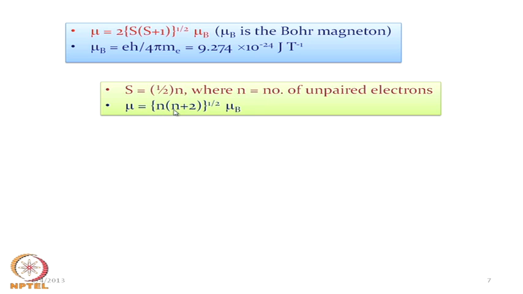So, if n is the number of unpaired electrons, and if we substitute S equal to half of n, because the total S we are getting is due to the contribution of the individual unpaired electrons, each contributing a spin value equal to half.